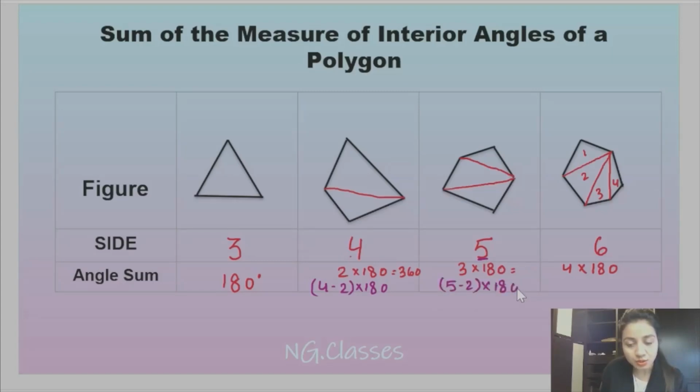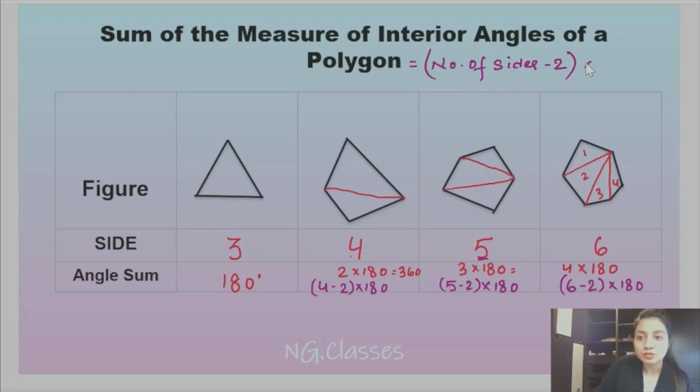I got a relation between sides and angles of a polygon. If any polygon contains 6 sides, I can write (6 minus 2) into 180. So what we got? The angle sum property of any polygon is equal to (number of sides minus 2) into 180, and that will give the total sum of interior angles.